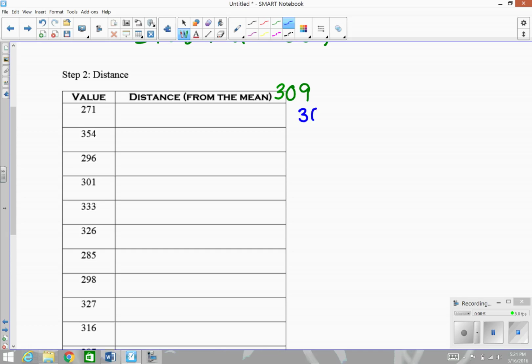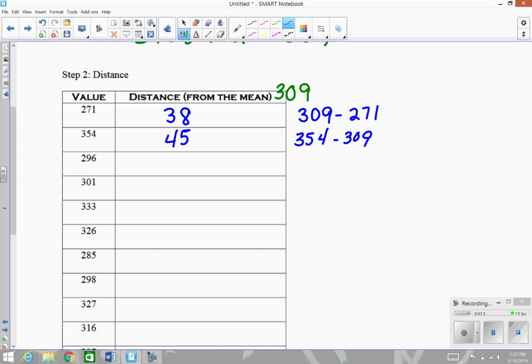I'm going to do 309 minus 271, and that's going to tell me my difference, or my distance. We should get 38 here. For this one, I'm going to flip-flop the numbers and put the larger number first. I'm just going to do 354 minus 309. Again, it's going to tell me the distance between the two values.